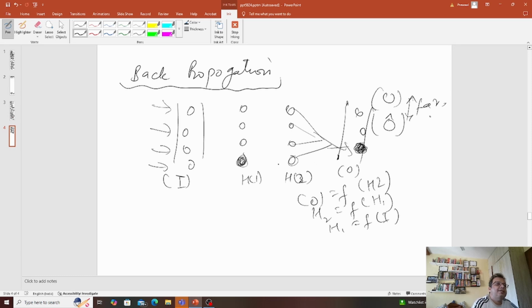Since this is a kind of chain rule, we'll use the gradient descent we were talking about earlier. So if in my first set of values I find some difference between the expected and the generated or estimated output, it can be ordinary least squares or whatever you want to do, and then you propagate that backwards in the same proportion using this chain rule, and you update the weights.